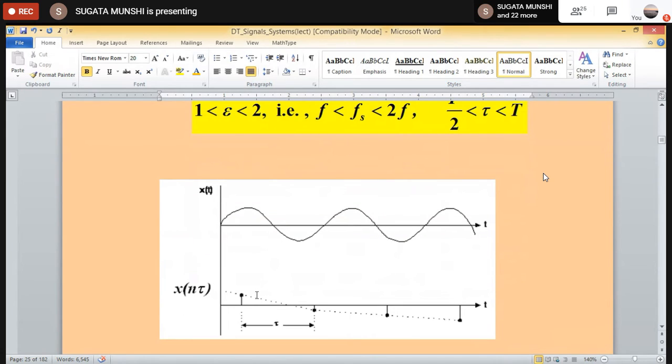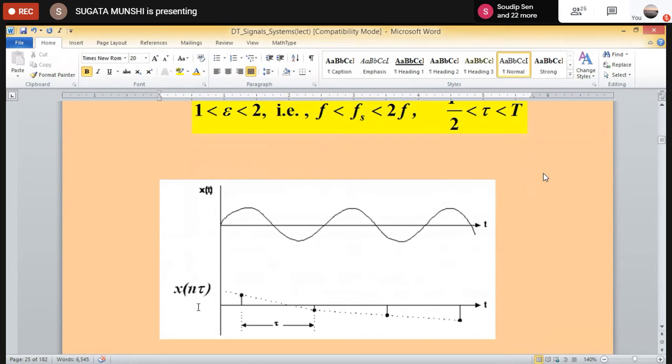I have considered an arbitrary case where tau is greater than T by 2 but less than capital T. And these samples, I have tried to fit them into a sinusoid. The portion of the sinusoid is represented by this dotted line. So here also you can see that the information about the original analog sinusoid is lost.